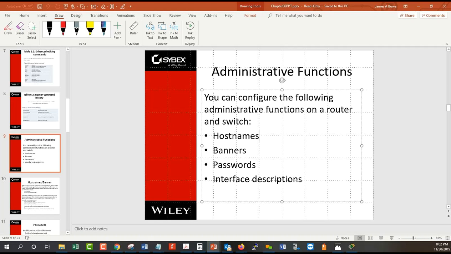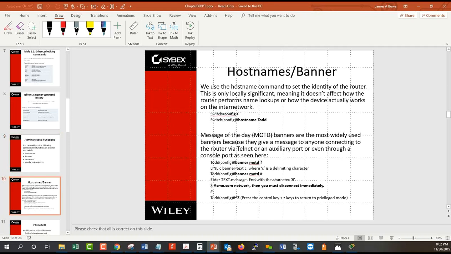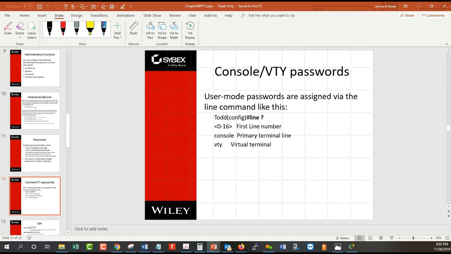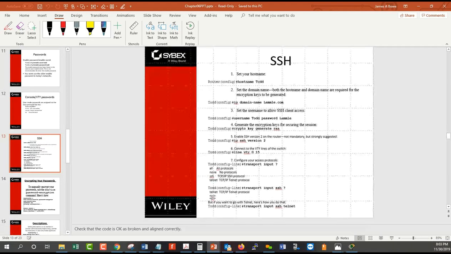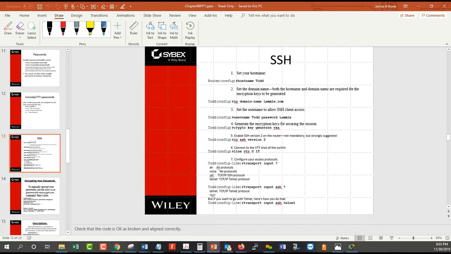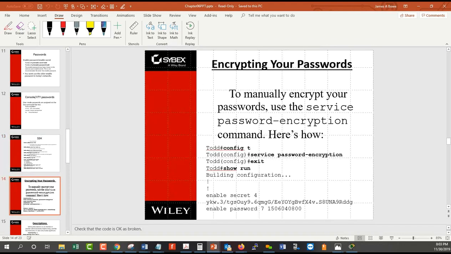Okay. You've been setting your password since day one for your console, your VTY, for your enable password, and your secret password. So I'm not going to get into that. We did not get into SSH. I did not talk about that, so I will not cover that in the test.